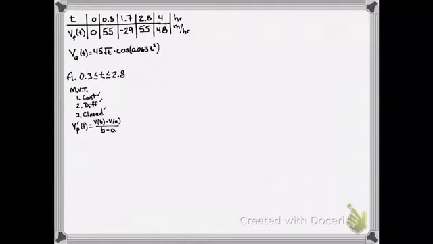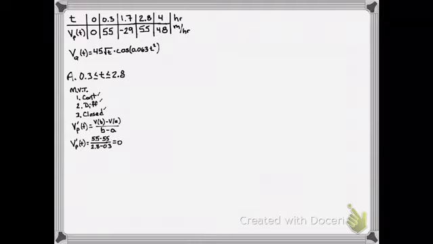If we plug in all the values that we have, v prime is going to be equal to v of 0.3. And if I look at the chart, v of 0.3 is 55, minus v of 2.8, which is also 55. All that's going to be over 2.8 minus 0.3. As long as that's not 0, which it's not, that's not going to matter because the numerator is 0, and so the derivative must equal 0.